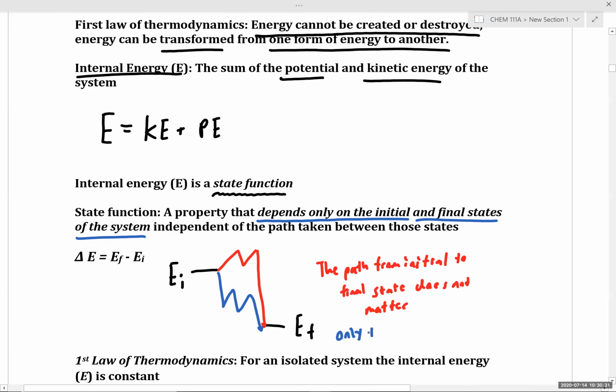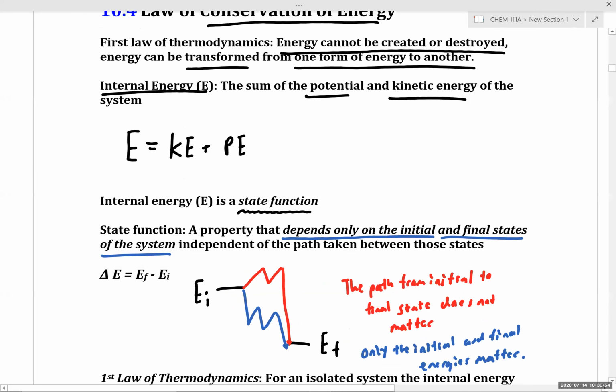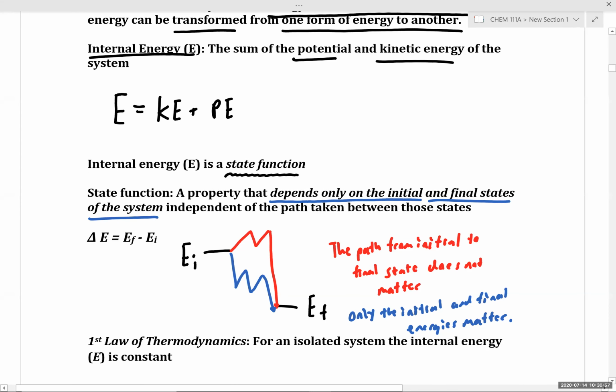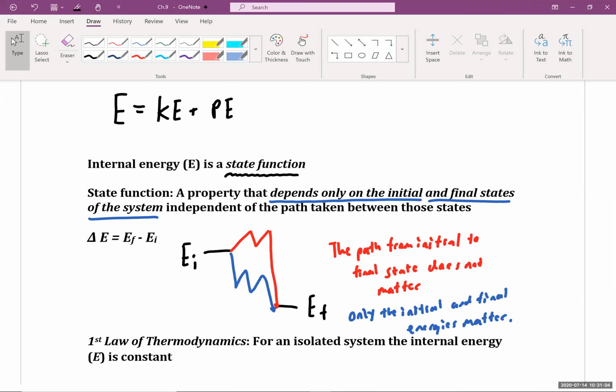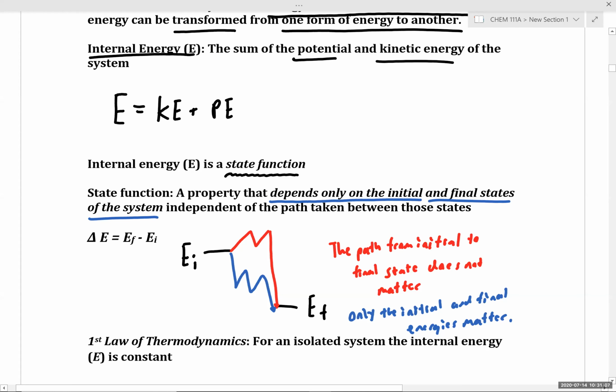Only the initial and final energies matter. We only care about our initial and final energy. It doesn't matter how we get there. And that allows us to use some really creative tricks to calculate the change in energy of different reactions. So state functions only depend on your initial and final states. We'll talk more about that in a bit.